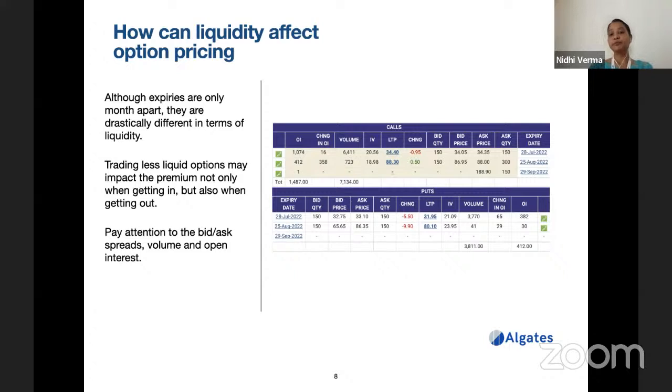In the first row, of 28 July 2022 expiry, the difference between the bid and the ask of that option is only 30 paisa, right? And when you go to the next row, the difference increases, it becomes more than 1 rupee.